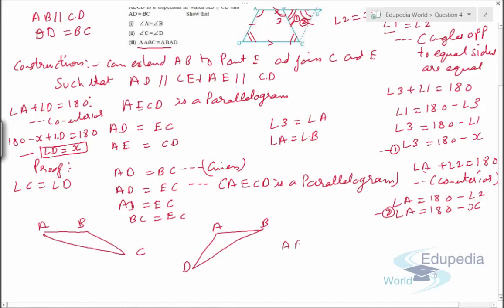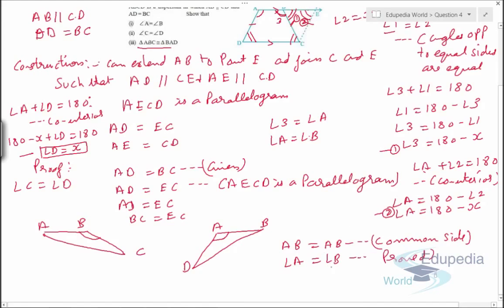Now let's see how we can prove this. We can say that AB equals AB, so it's a common side. And angle A equals angle B, which we have proved.